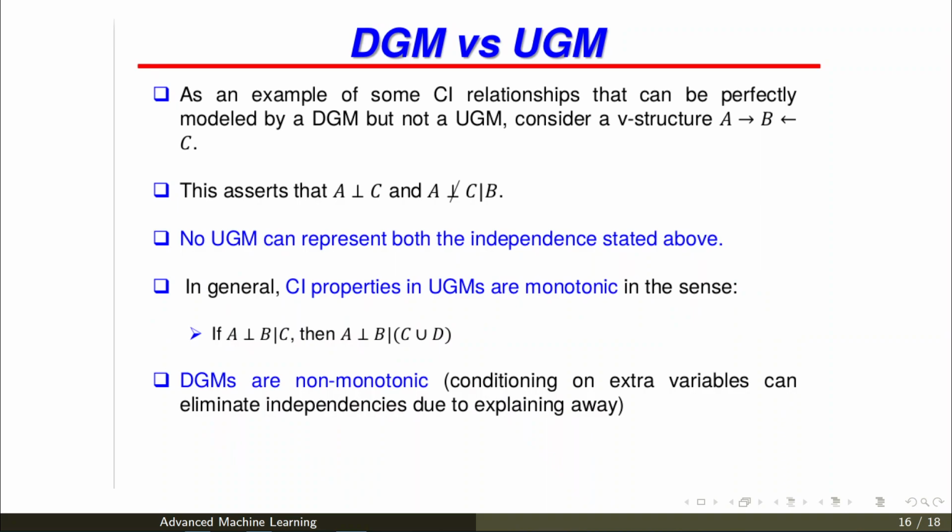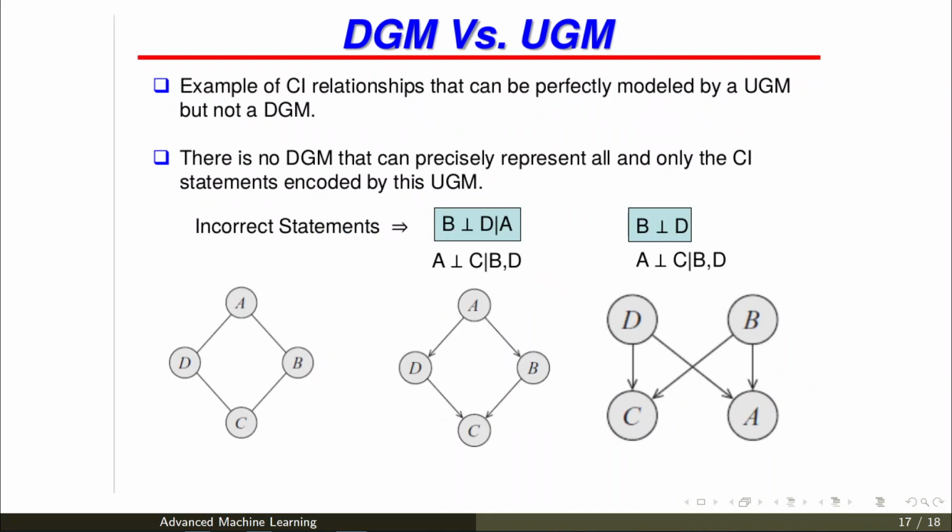Now, let's see an example. Let's consider the undirected graph. Can you give some independence relations on this graph?